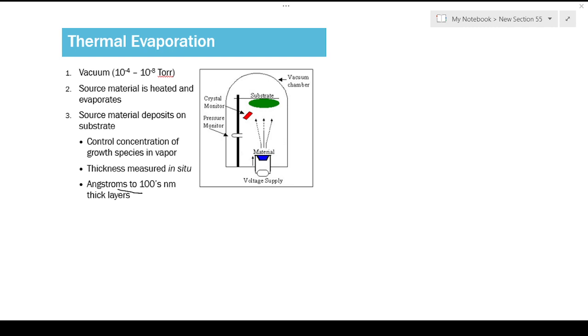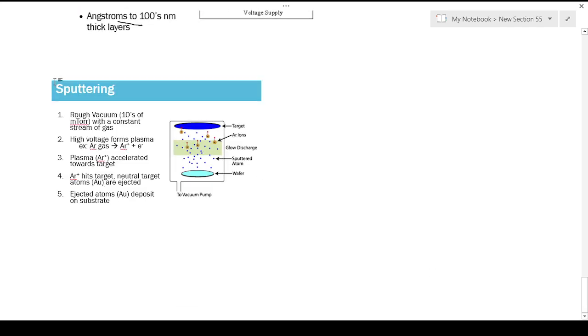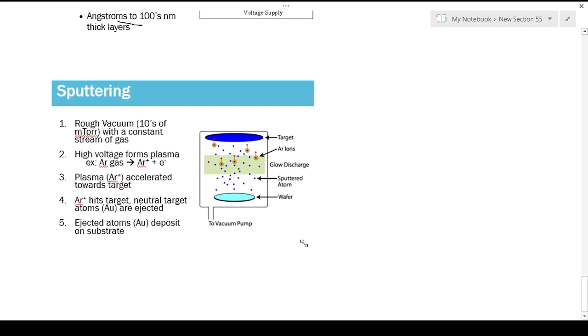Now when it comes to the sputtering process, the process is a bit different. In the sputtering process, as you can see in the figure, we will be creating a rough vacuum.